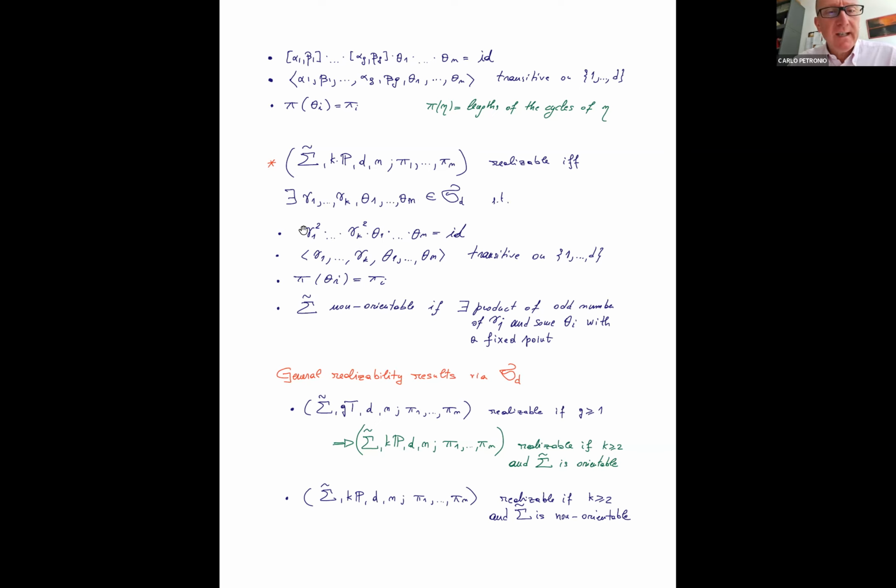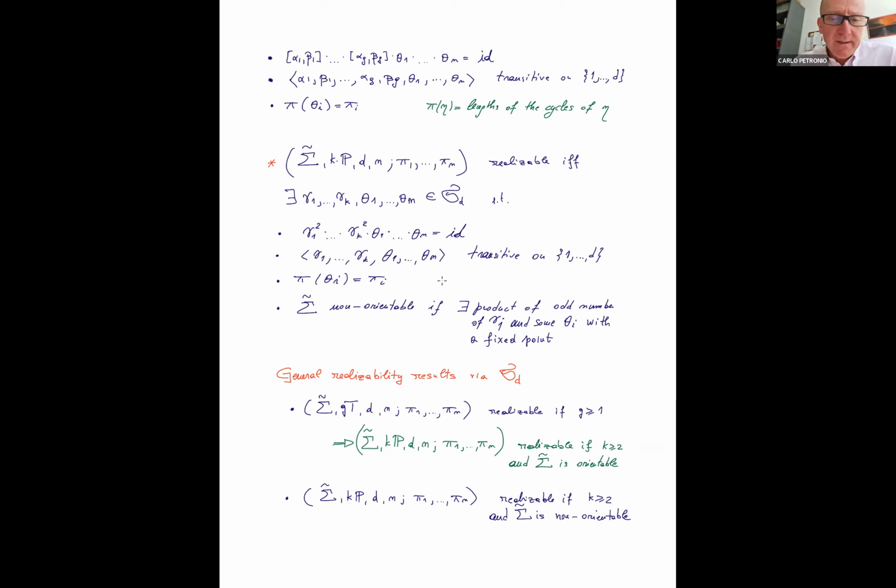And the condition is that they should satisfy the relation that holds in the fundamental group of the punctured surface. Again, the group generated should be transitive, and the cycle lengths should match the given partitions. And there's an extra condition that I will not spell out, which is quite easy, taking into account whether the covering surface is orientable or not.